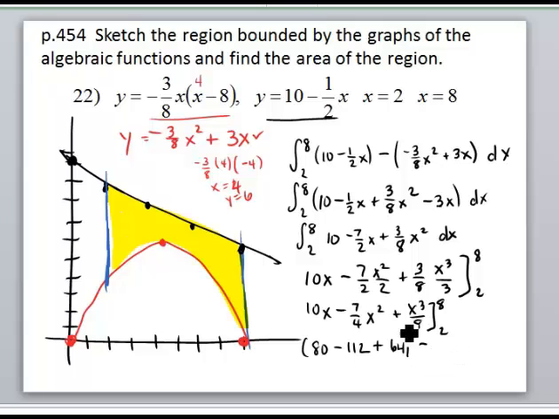And then minus, plug in the 2. I'd have 20. Plug in the 2 here, I'd end up with minus 7. Plug in the 2 here, plus 1. When I combine those all together, I should end up with the answer of 18.